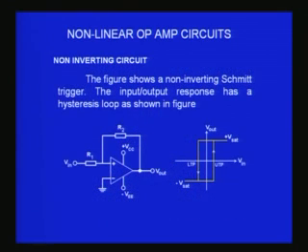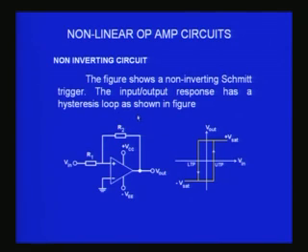Okay, we can have two different types of circuits: the non-inverting Schmitt trigger and the inverting Schmitt trigger. The figure shows a non-inverting Schmitt trigger and the corresponding input output relationship, minus Vsat and plus Vsat you get.